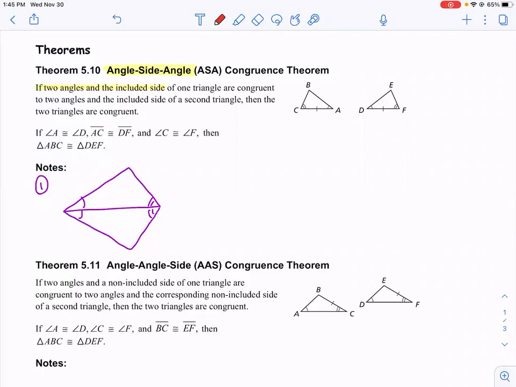Ben is trying to make it sound fancy when really he just needs to say the middle line is congruent to itself. It's not a theory, it's just fact. And so we have angle, side, angle here because the reflexive property is helping us out.